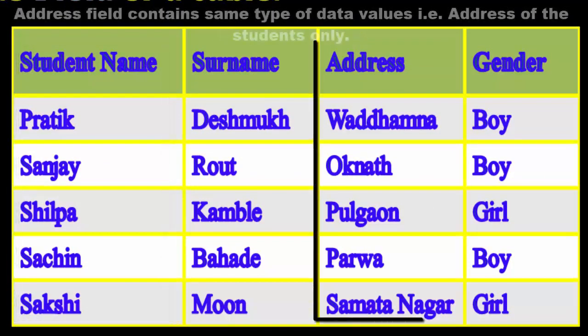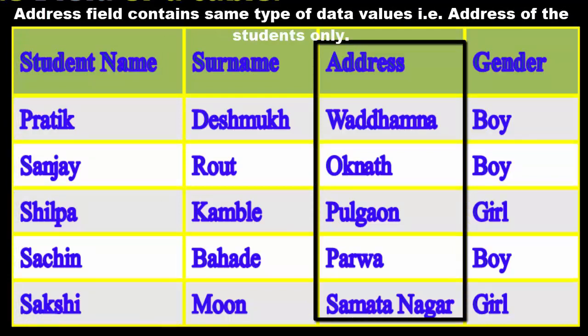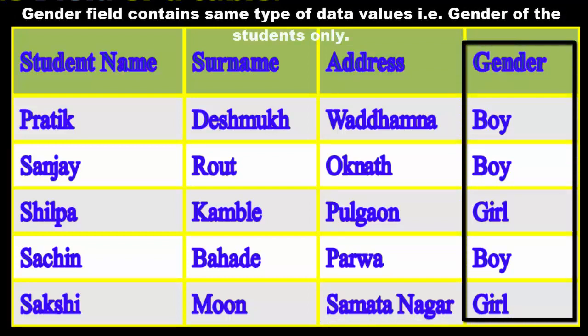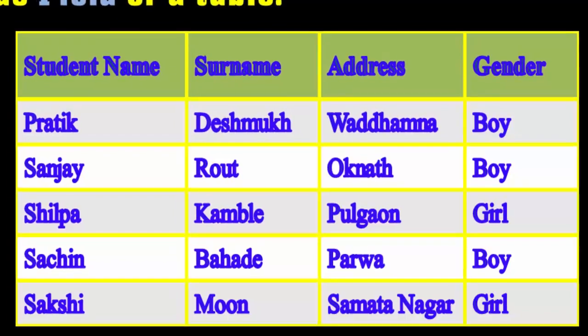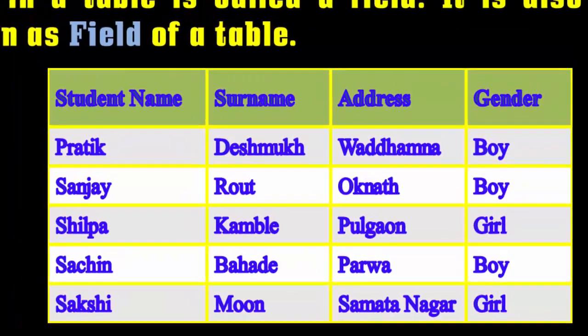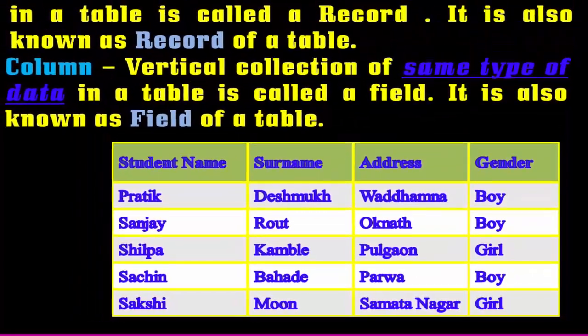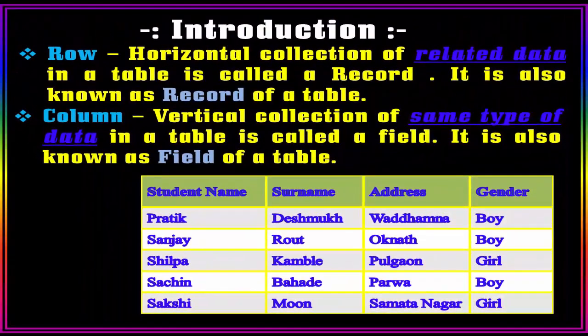In address column or field, only the addresses of the students will be contained, not the surname and name. And in gender column or field, only the gender of the student will be contained, not any other information. It means that each column or field contains the same kind of data. That's why the words same type of data are important in this definition.